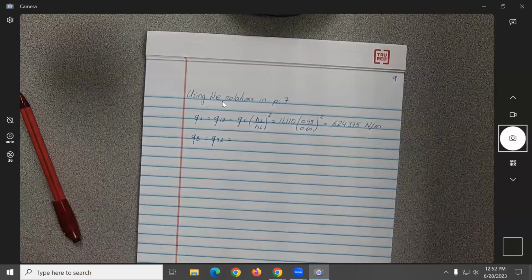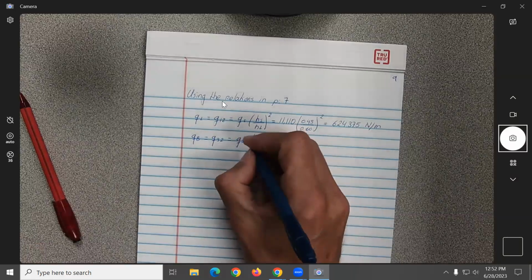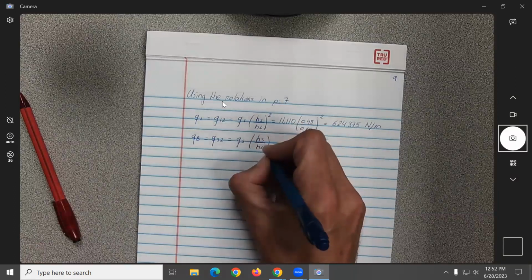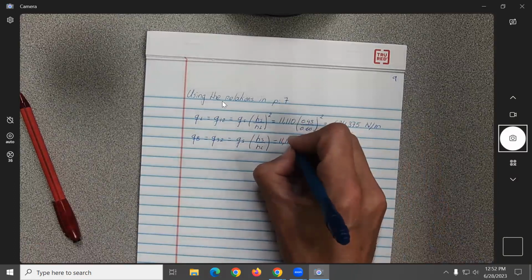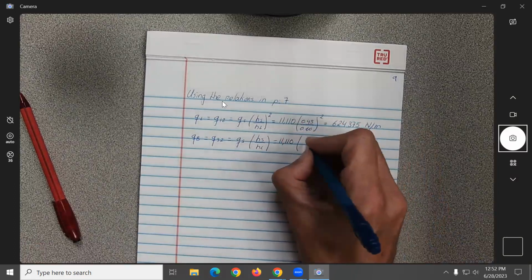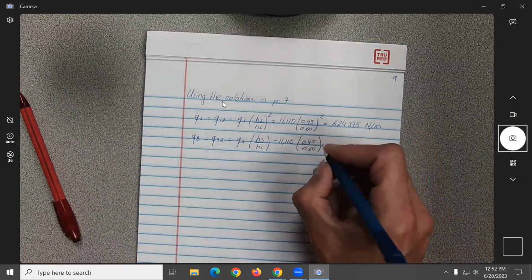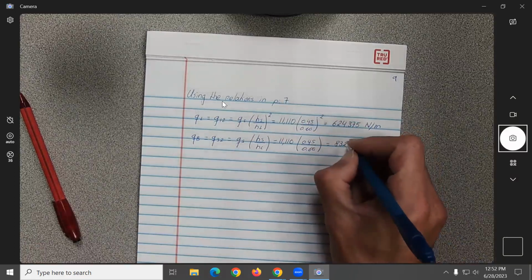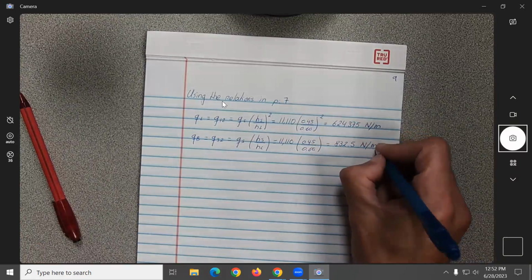And the equation for that one is Q sub S times H sub S over H sub L. So again, 11,110 times 0.45 divided by 0.60 equal to 832.5 newtons per meter.